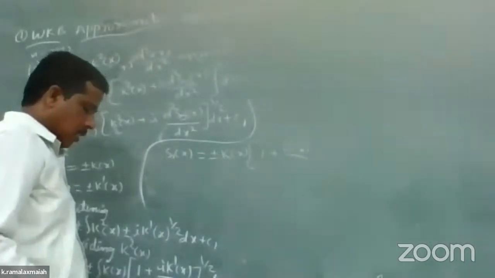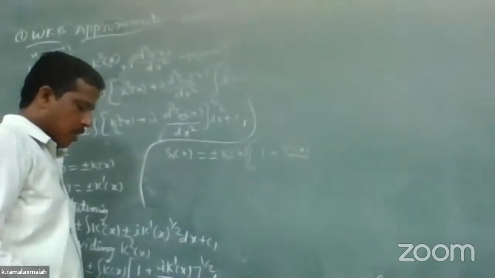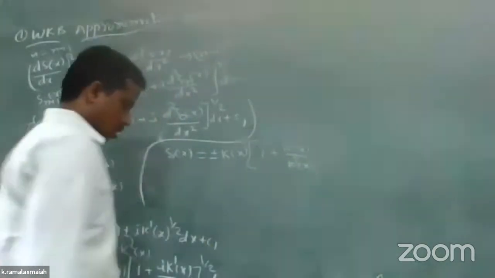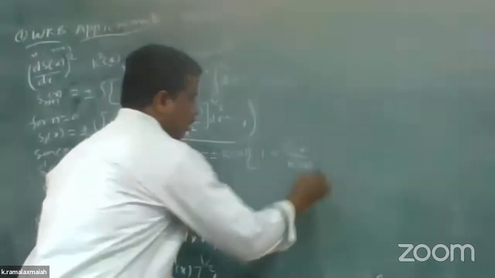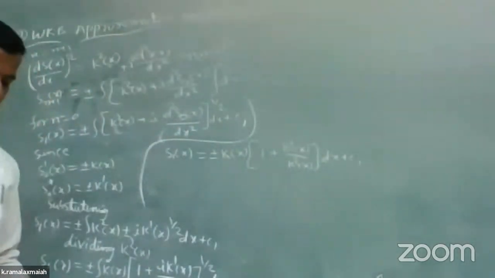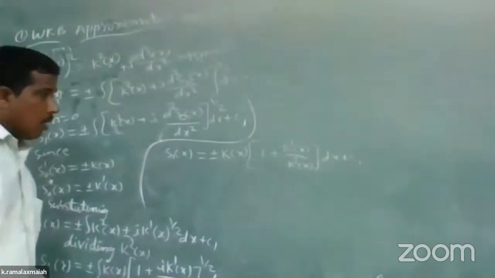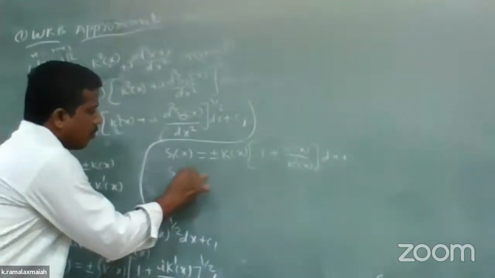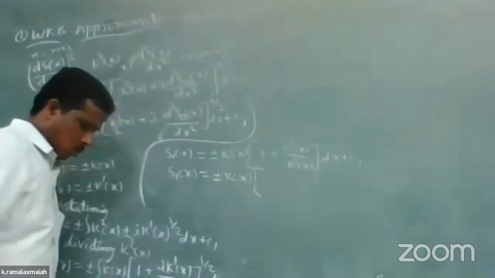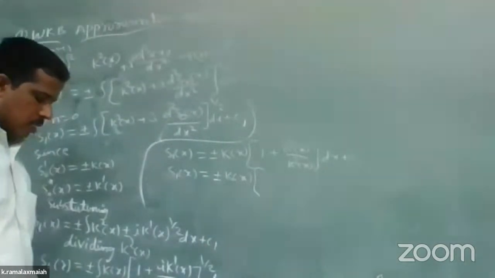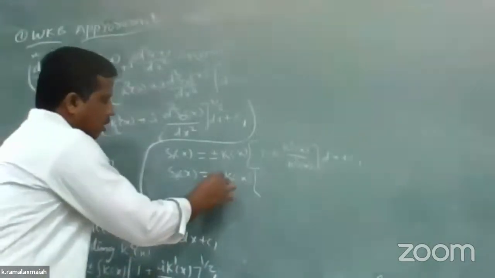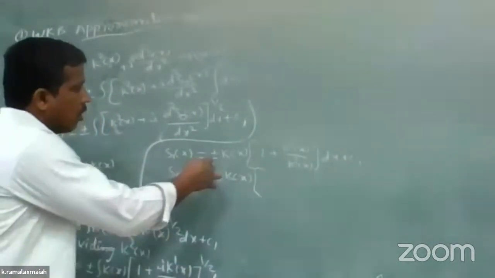So 1 plus i k dash of x by k square of x into dx plus c1. Next, S1 of x is equal to plus or minus integral of k of x, plus the common integral. So it is also your integral.